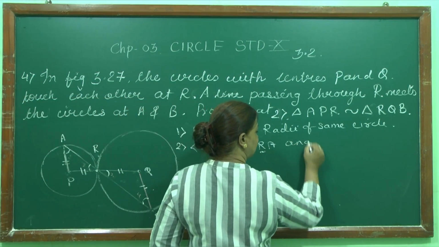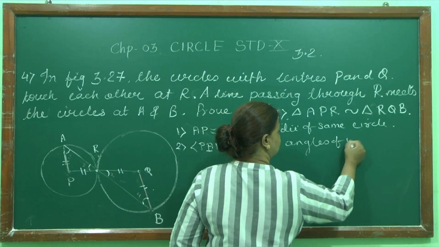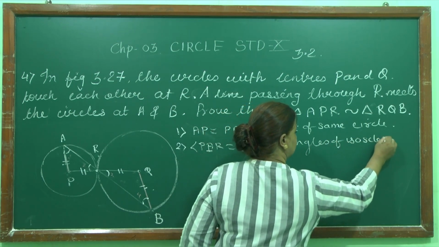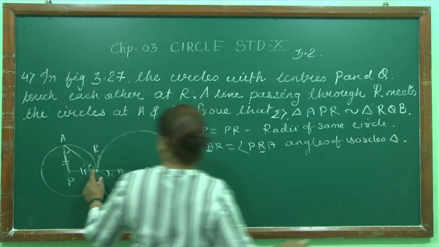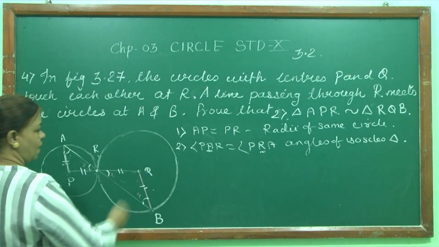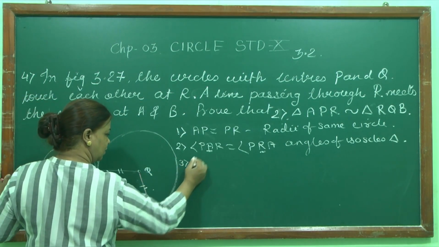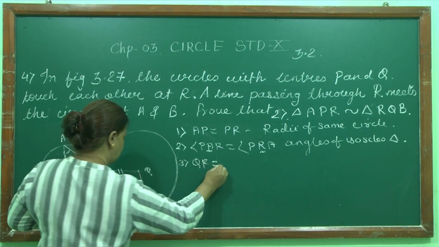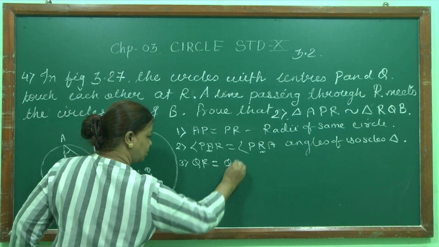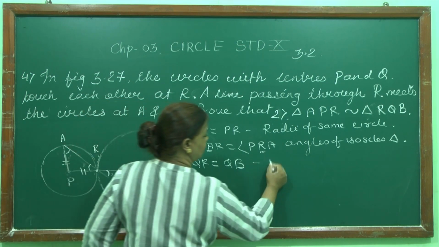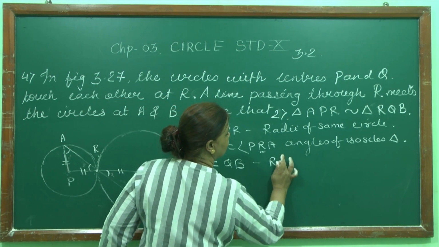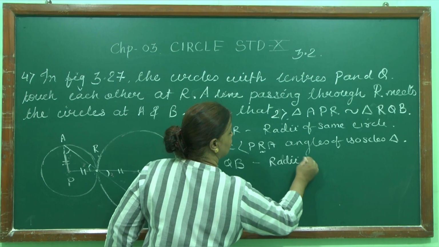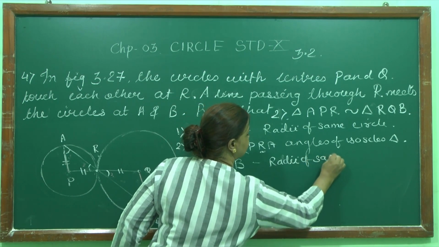Angles of isosceles triangle. And now third point, QR is equal to QB. Reason, radii of same circle.